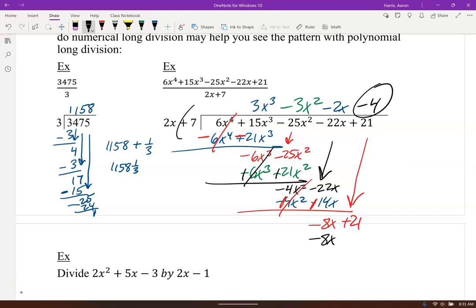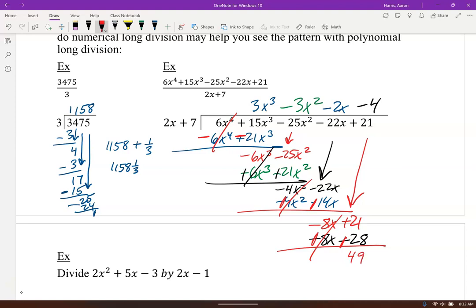And negative 4 times 7 gives me negative 28. And don't forget, we got to change both signs. So that's gone. And now I see that my remainder is 21 plus 28. So my remainder is 49.